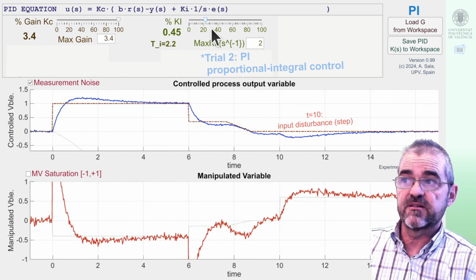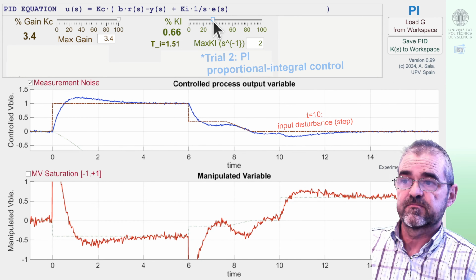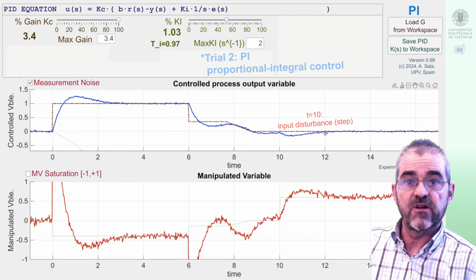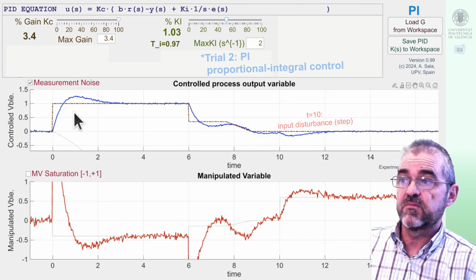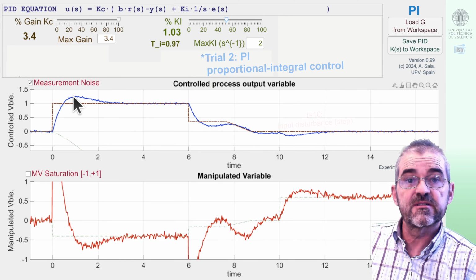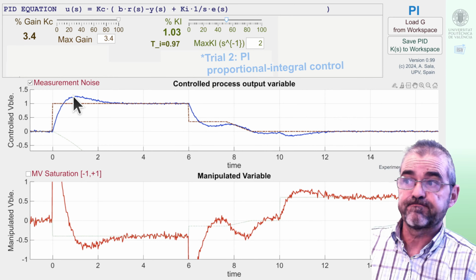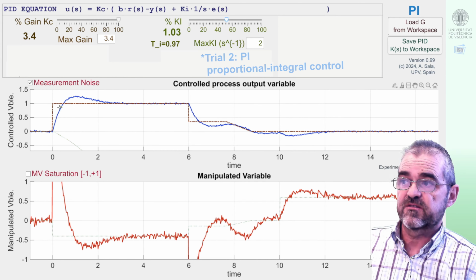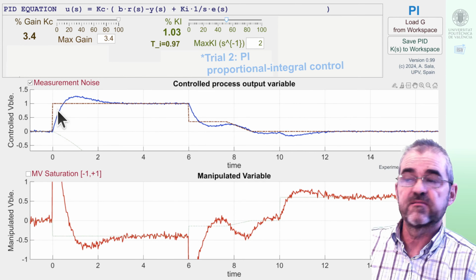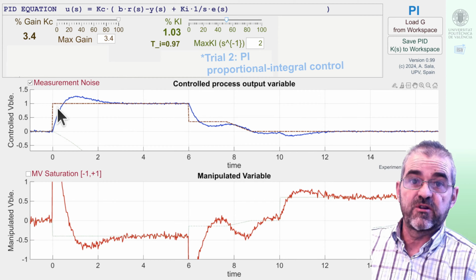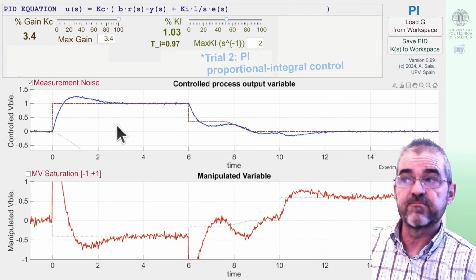If I increase my integral action, my correction is faster. Now I am correcting things in 2 seconds instead of 4, but overshoot somehow increases a little because we are accumulating error in this first phase of my transient, and then if we accumulate too much, we overshoot.